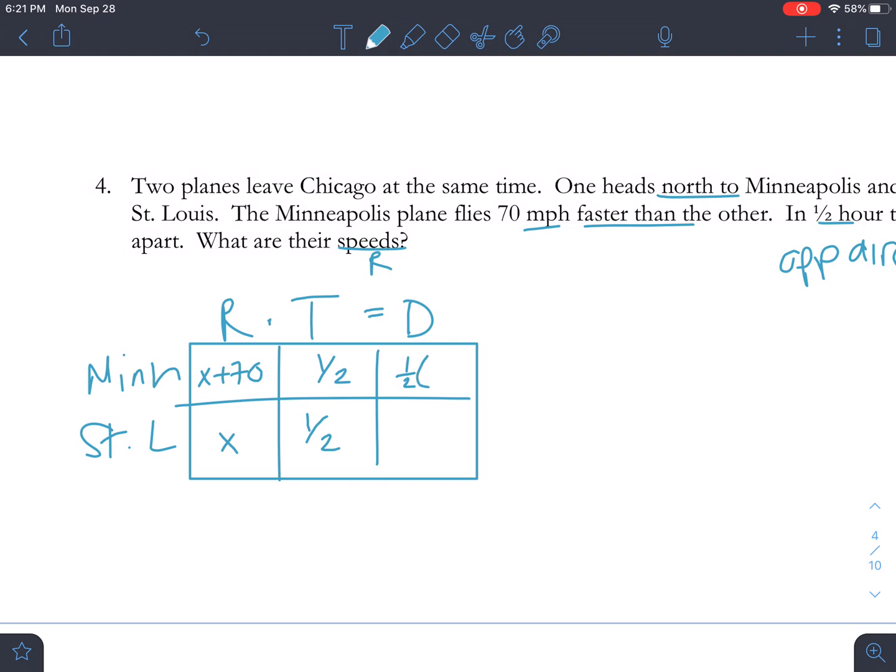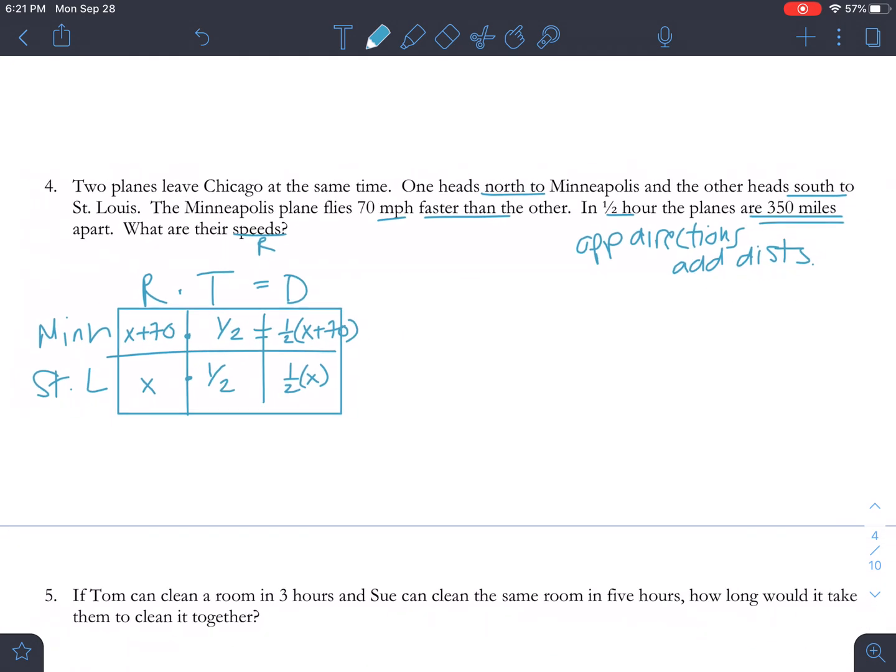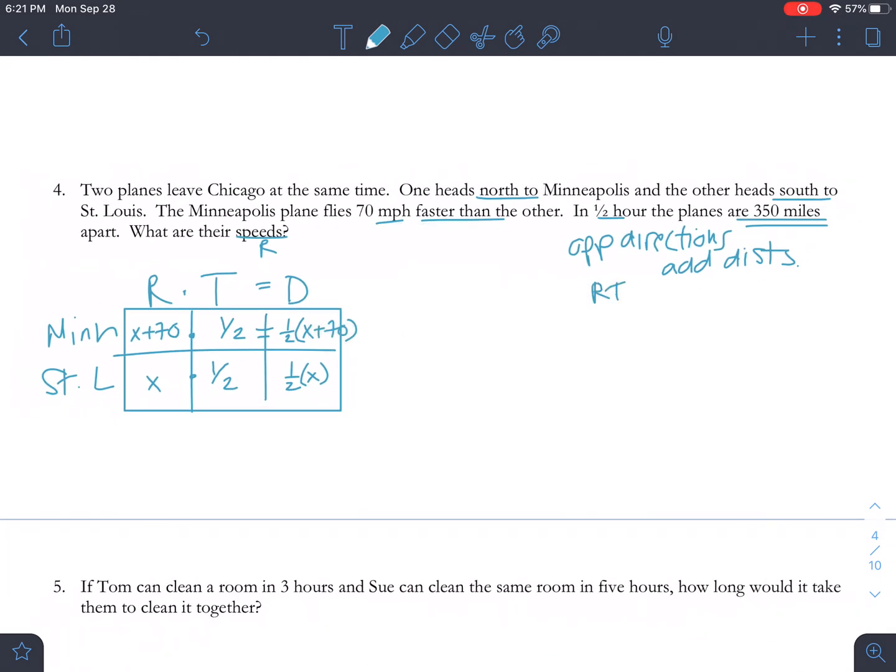This one is going to be 1/2 times X plus 70, and this one, remember, we're multiplying these together, is 1/2 times X. For opposite directions, we're doing rate times time plus rate times time is equal to the distance apart, because we're going opposite, north and south here. So 1/2 times (X plus 70) plus 1/2 times X, when are they 350 miles apart? So that was kind of the ending here.